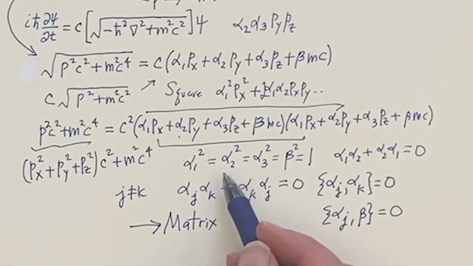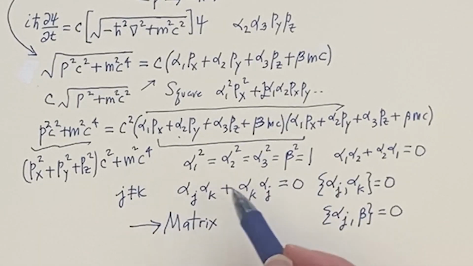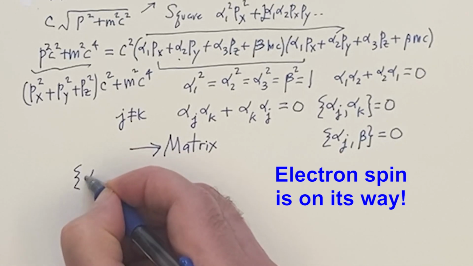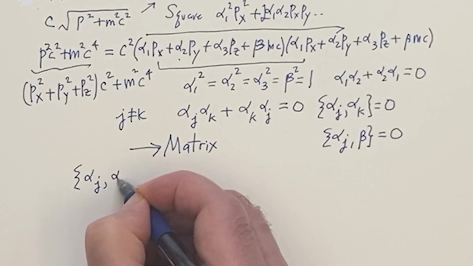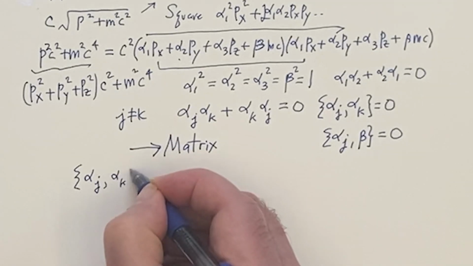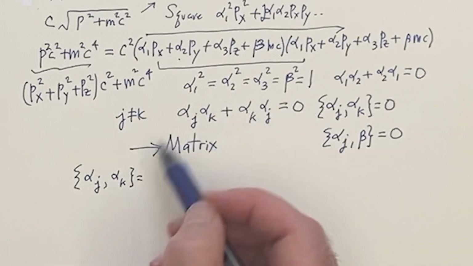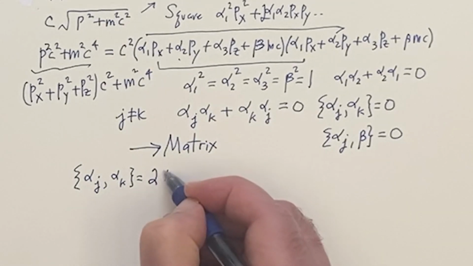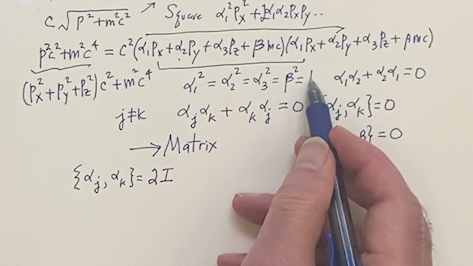So here's the genius. Dirac interprets these equations as matrix equations. So therefore, alpha j with alpha k like this, if they're both the same, then you get 2 of them. And you want 1, so that's going to be an identity matrix.